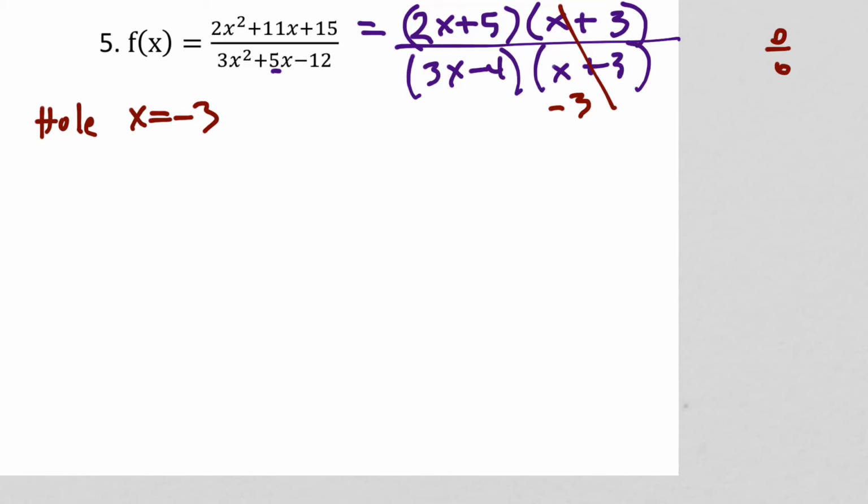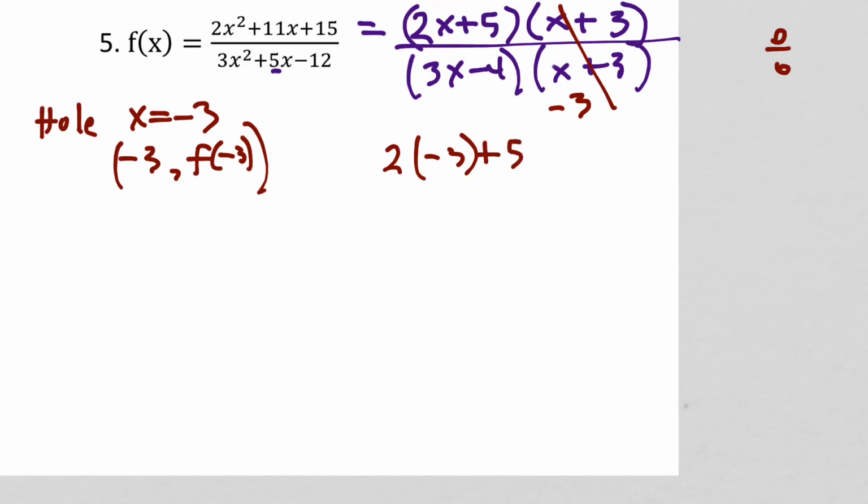So I'm going to have an open circle at the point (negative 3, f of negative 3). So f of negative 3 I could figure out by plugging negative 3 in to the remaining two factors and getting that value. So if I go ahead and do that, I can just show you how we would figure out where our open circle is going to be.